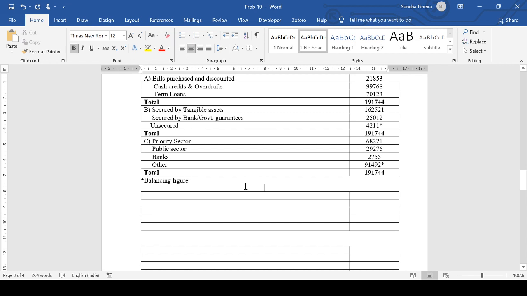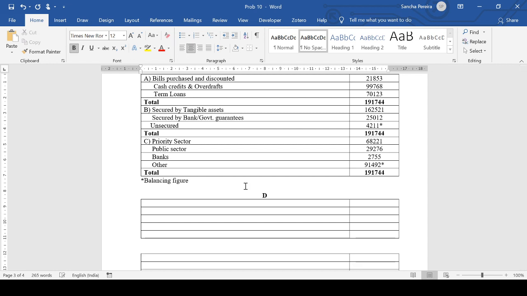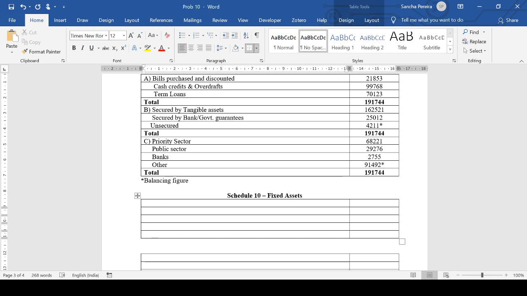Next is schedule 10, which is fixed assets. So now we have the fixed assets, the amounts given to us. How much is premises?